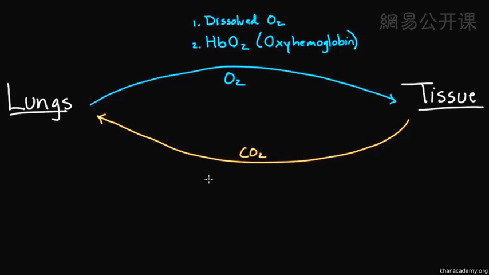And on the other side, coming back from the tissue to the lungs, you've got dissolved carbon dioxide. A little bit of carbon dioxide actually comes right in the plasma. But that's not the majority of how carbon dioxide gets back. The more effective way of getting carbon dioxide back, remember, we have this protonated hemoglobin.